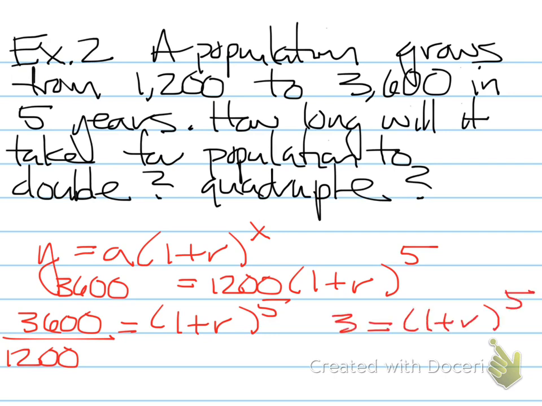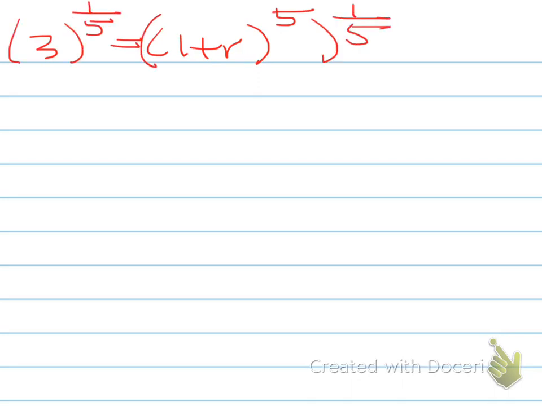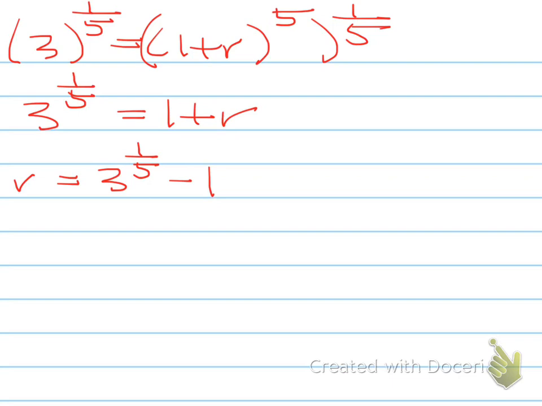We get 3 equals 1 plus r to the 5th power. Then we want to do the opposite of raising to the 5th power, which would be raising to the 1/5 power on both sides. We get 3 to the 1/5 equals 1 plus r. And then r equals 3 to the 1/5 minus 1, which is approximately 0.2457. So now we know the rate of growth.